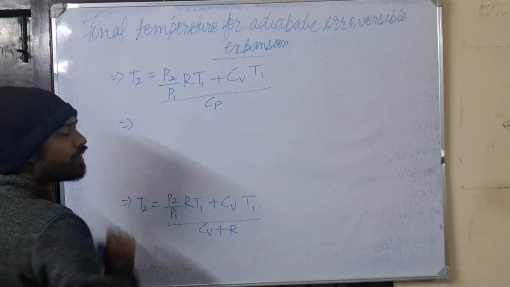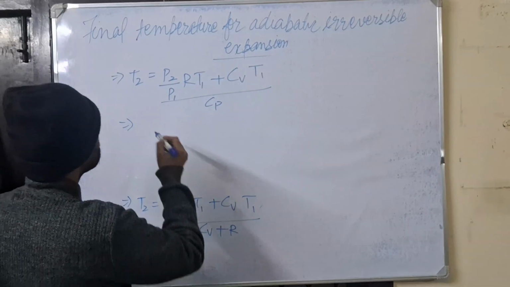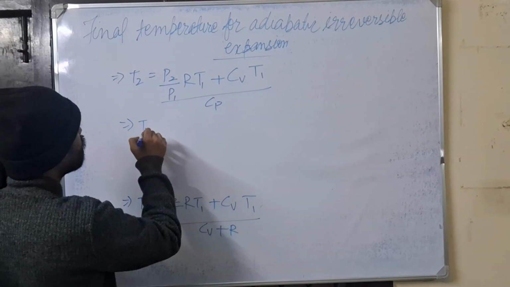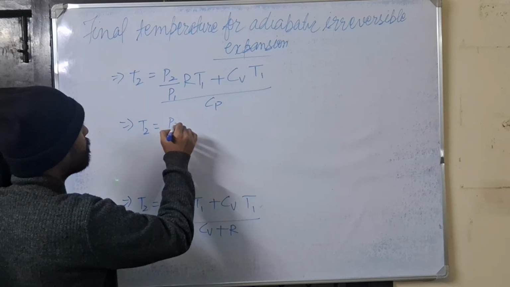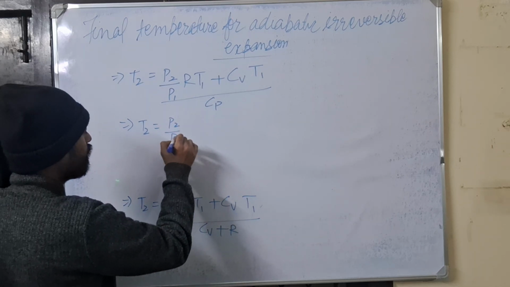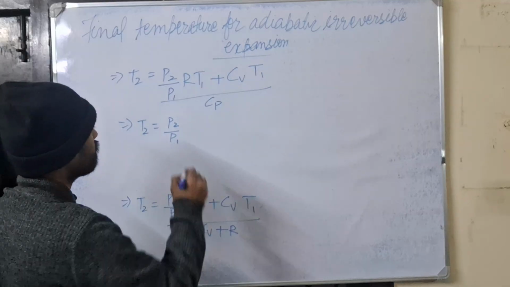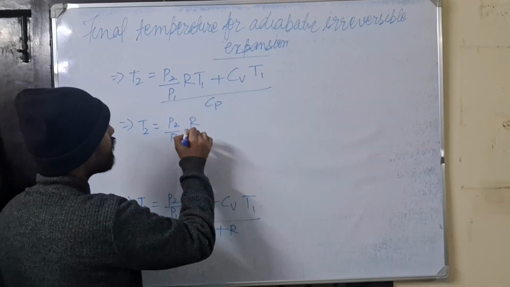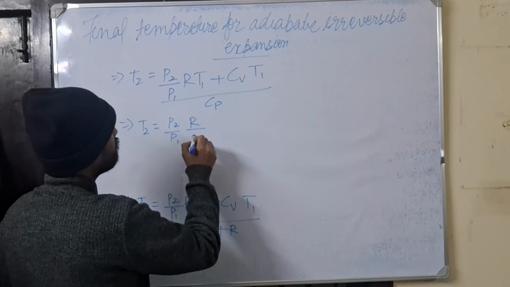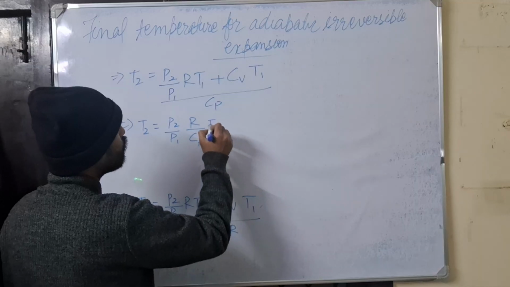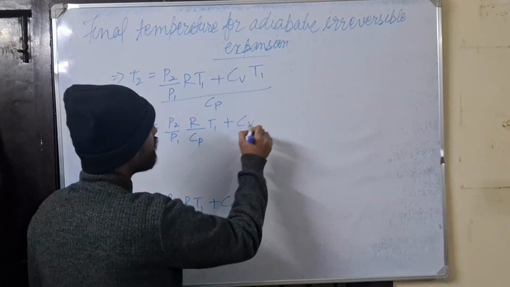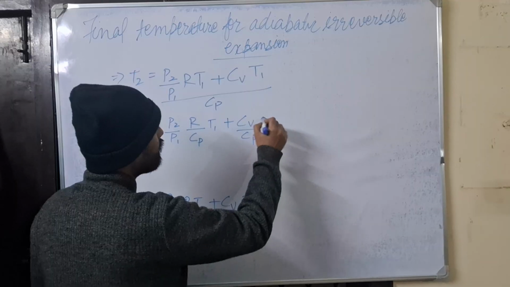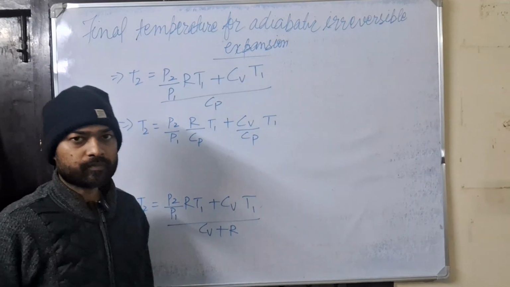So this becomes T2 is equal to P2 upon P1 into R upon Cp into T1 plus Cv upon Cp into T1.